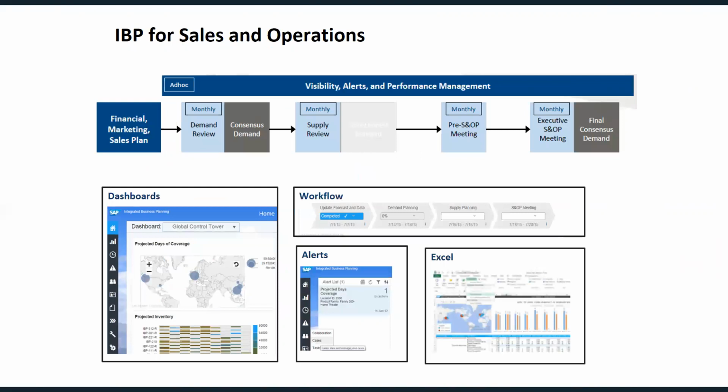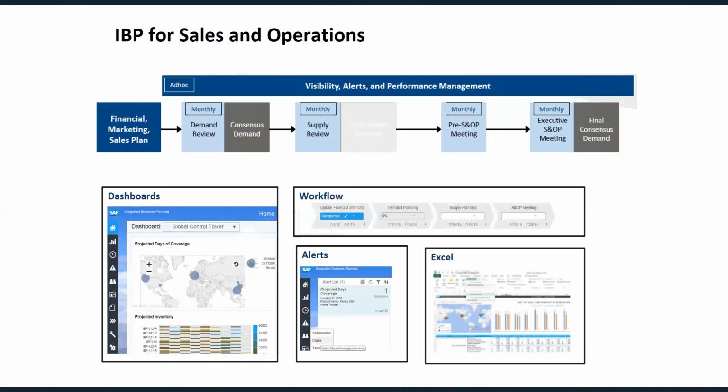So a typical four-step process that we discussed, starting with demand review. The output of that is the consensus demand, which goes into the supply review step, where the supply team works on it. The output of that is constrained demand, which is compared to the consensus or unconstrained demand, and is constrained by how much you can produce, by your capacity, by your resources, by the material availability.